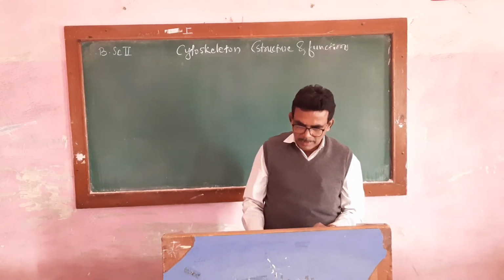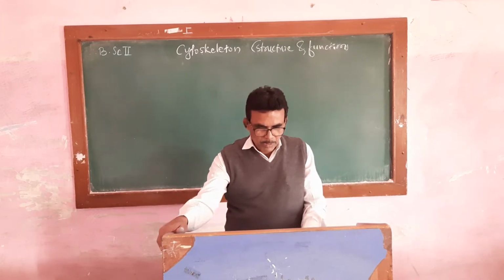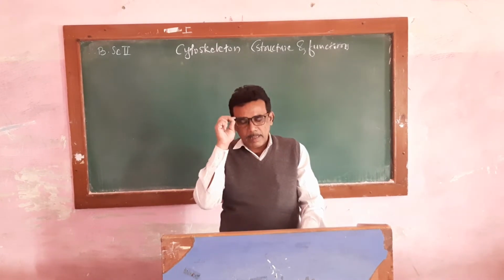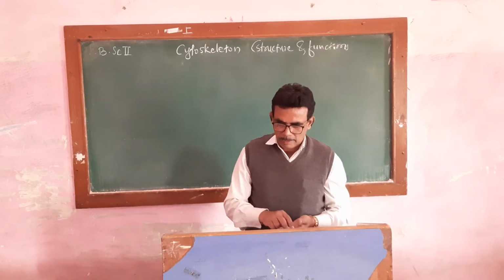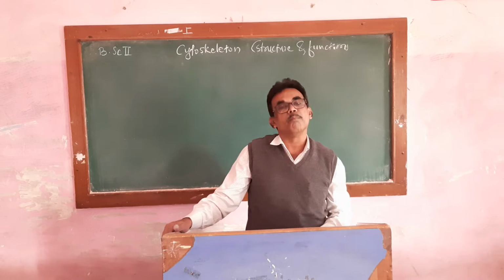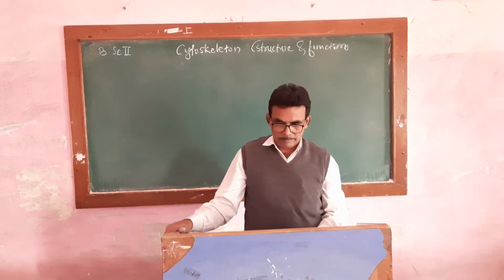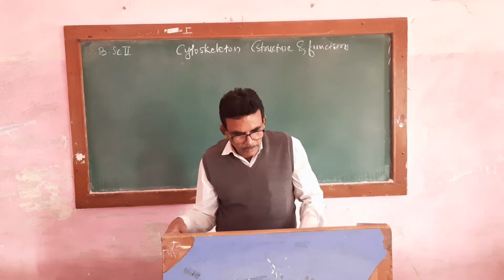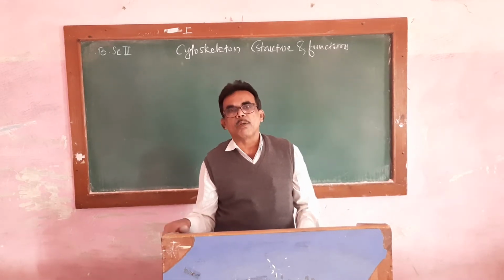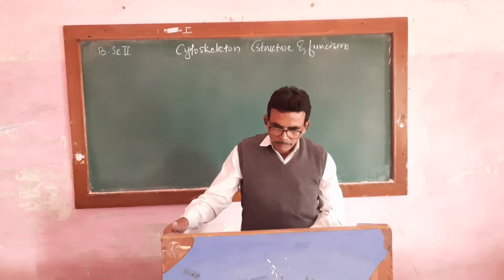So that is particularly the cytoskeleton. In another way, the cytoskeleton is a part of cytoplasm that provides internal support and also helps in various types of movement. It is a network of microtubules and microfilaments.